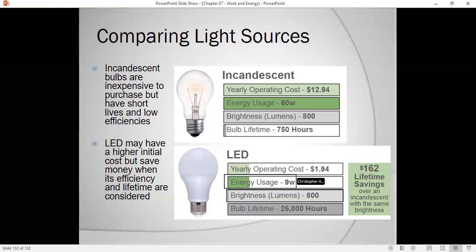So the overall cost is a fraction of what you are using in terms of electricity. And these things would last for 25,000 hours, many, many times longer than the incandescent bulbs. The initial cost could be much greater when you buy them, but over the entire lifetime of the bulb, you would end up saving, compared to what would probably be a bulb for a few dollars, $162.